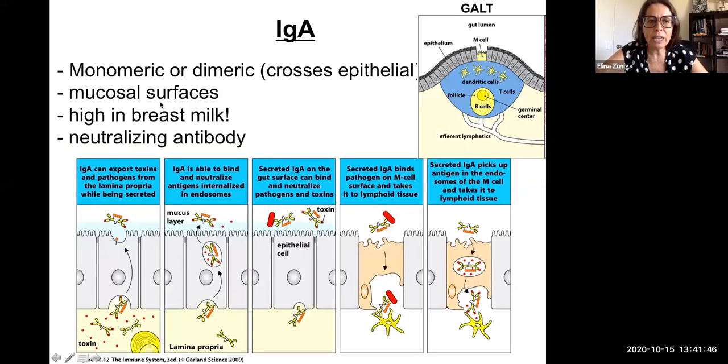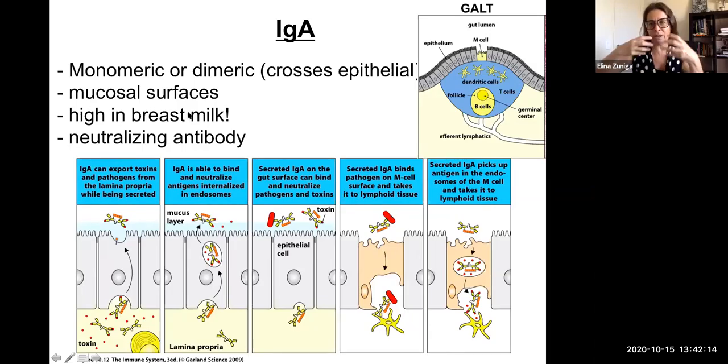So then we have IgA. IgA can be monomeric in the serum, but more importantly, IgA is produced in a dimeric form on the mucosal surfaces. And this dimeric form has the capacity to cross the epithelium. That's why it's so important for mucosal surfaces, and it's also very high in breast milk.